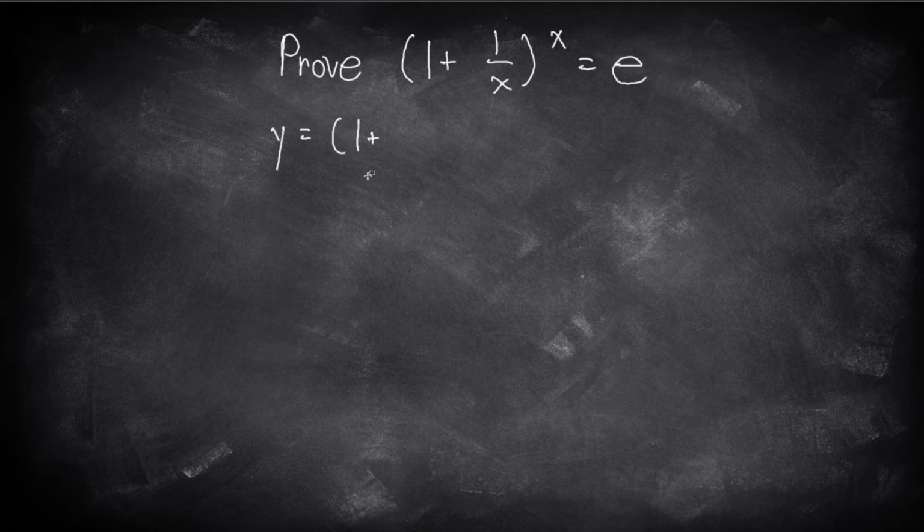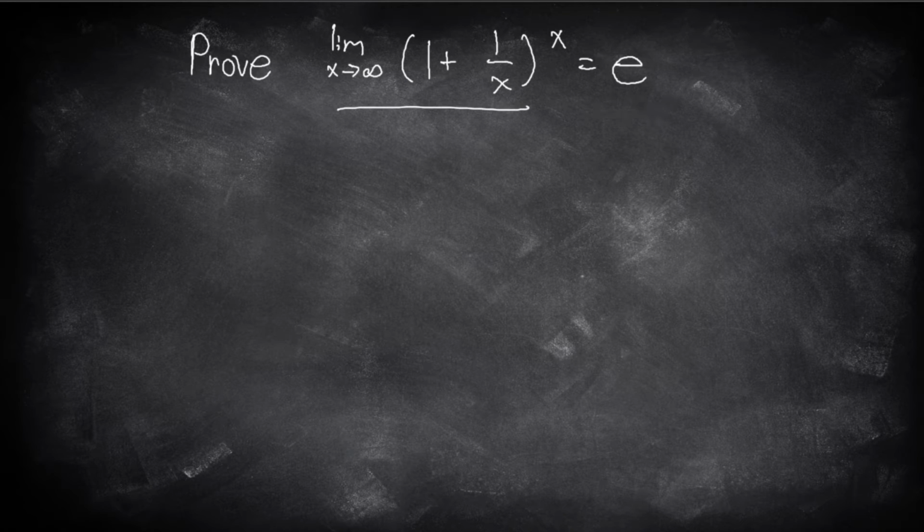Let me move this around a bit. We want to say the limit as x approaches infinity, and we want to prove that this is equal to e. So basically, we're going to set y equal to (1 plus 1 over x) to the power of x, and then we're going to evaluate this limit.